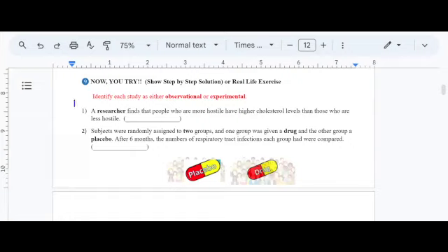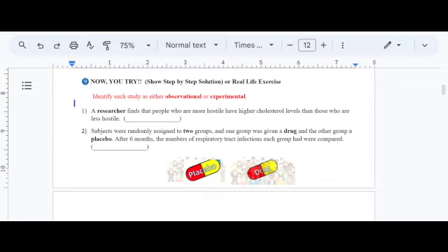A researcher finds that people who are more hostile have higher cholesterol levels than those who are less hostile. This is observational because he just observed. He didn't do anything. Okay, that's good. So just observing, right? Yes. Next one.